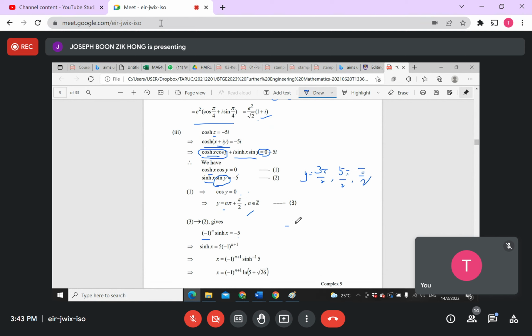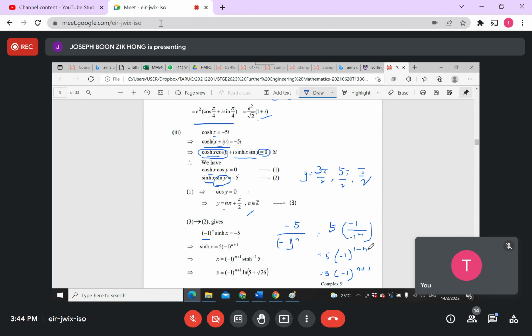So this one will be 5, because negative 1 divided by negative 1 power of n equals 5 times negative 1 power of 1 minus n. Like this one also can, or like this one also can, because it should be the same.